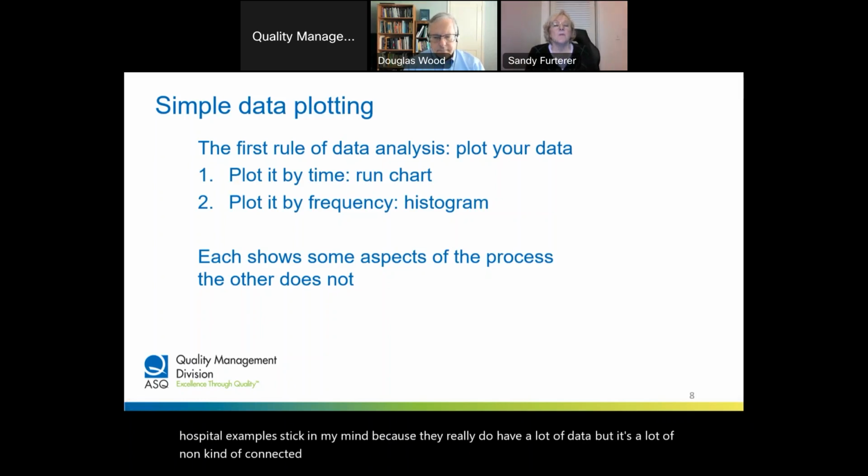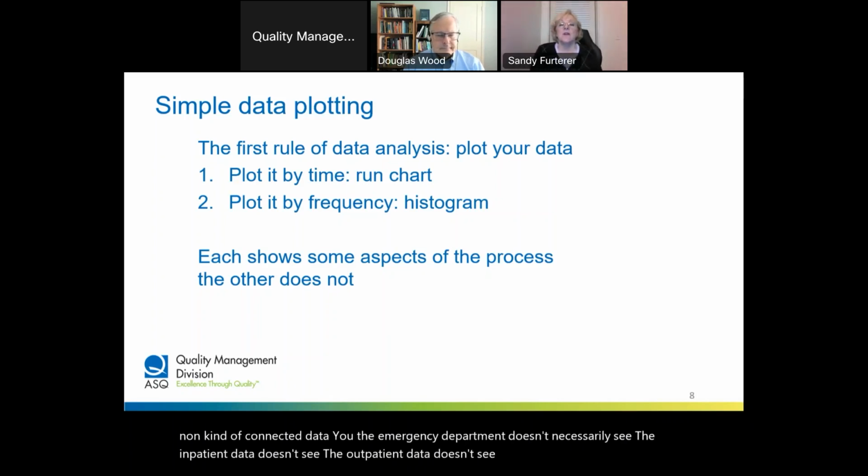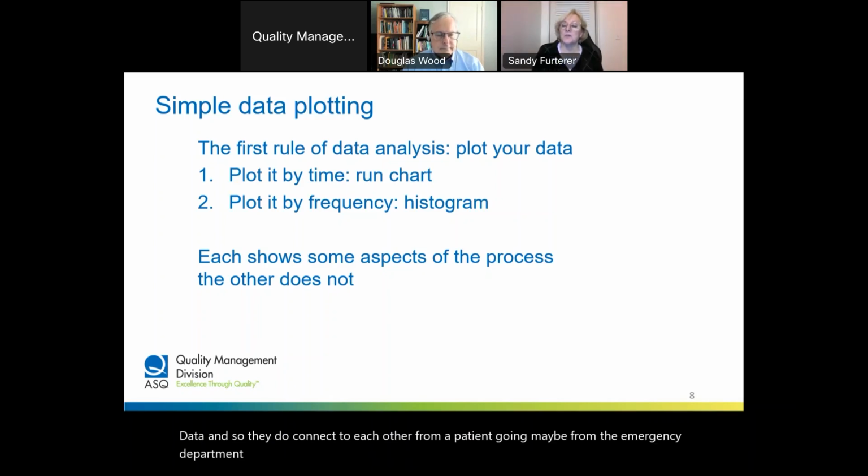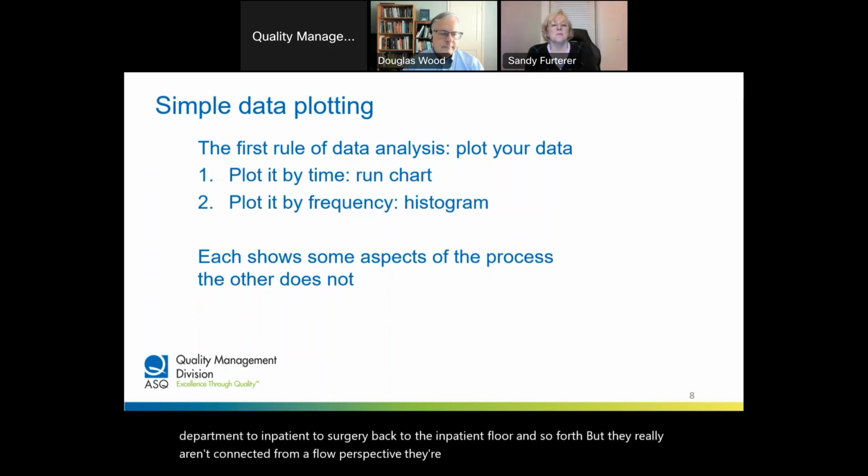The emergency department doesn't necessarily see the inpatient data, doesn't see the outpatient data, doesn't see the surgical data, and they're really in silos of data. And so they do connect to each other from a patient going maybe from the emergency department to inpatient to surgery, back to the inpatient floor and so forth. But they really aren't connected from a flow perspective. They're usually siloed systems. So helping to understand the process is why we want to look at our data.